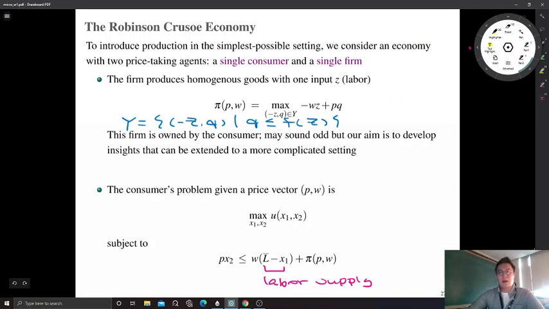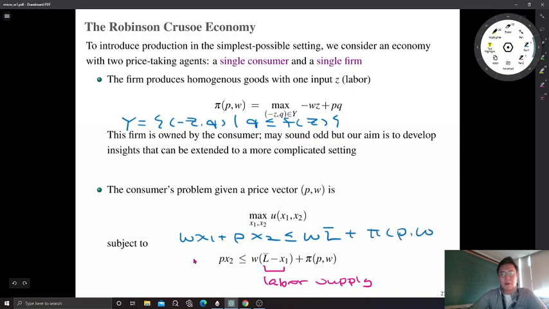If we rewrite this budget constraint by moving the x1 term on the right side to the other side, then we have w x1 plus p x2 should be lower than or equal to w L bar plus pi of p comma w.